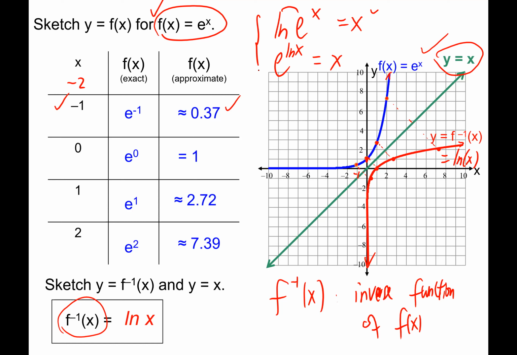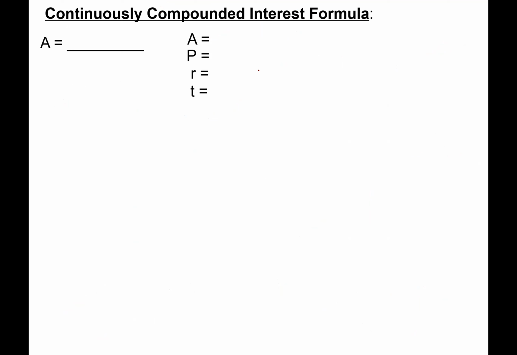Okay. And again, you probably see this a lot in the algebra course, and we just review this really quickly. So the continuous compounding formula actually comes from this. So it's A equals principal times e raised to rt. Okay, so we know A is the ending balance, right?